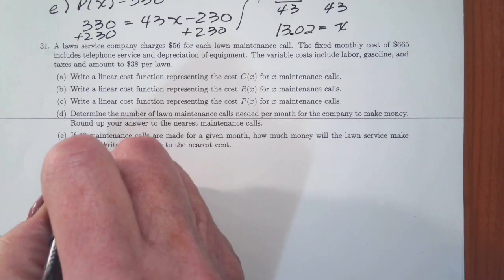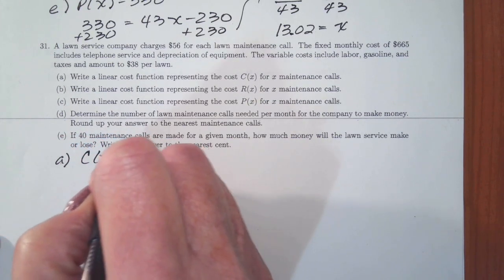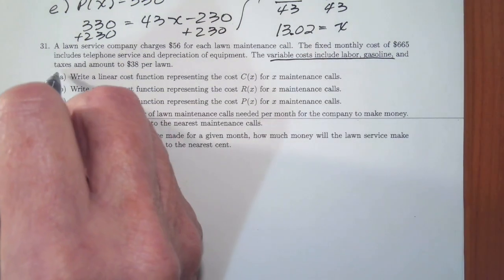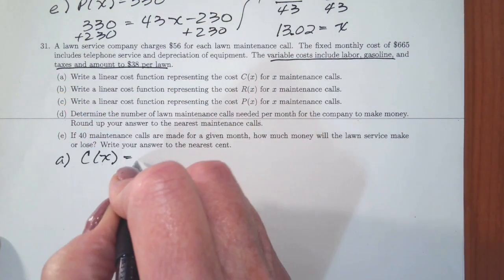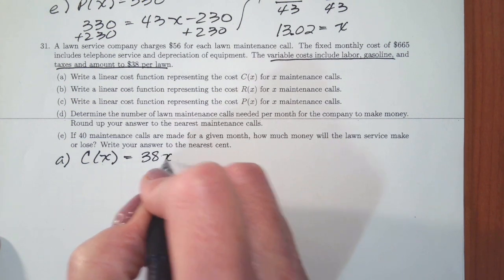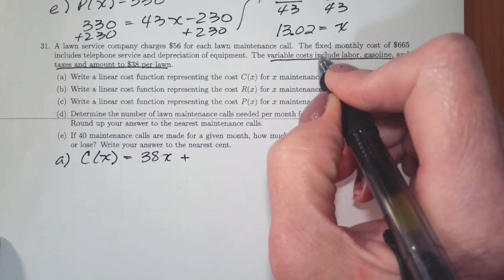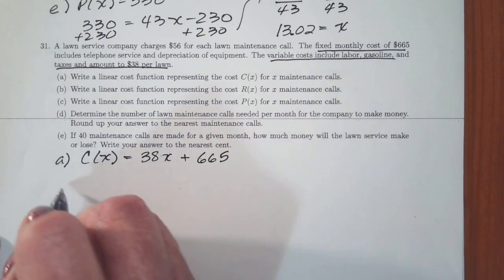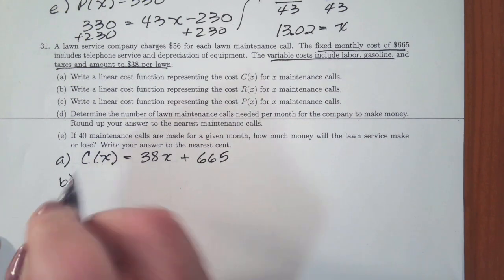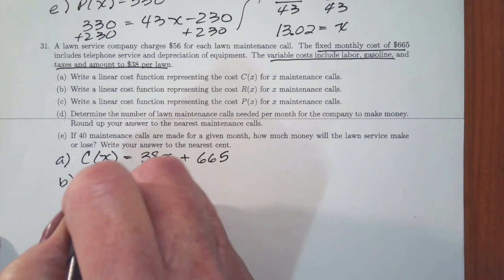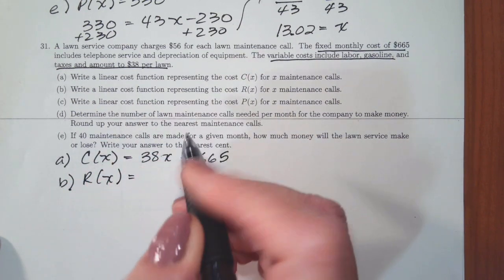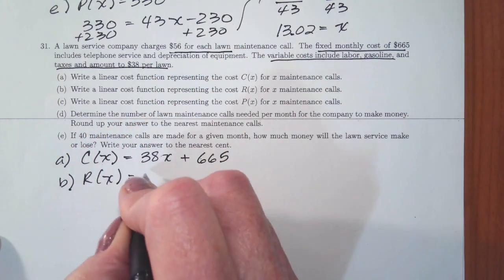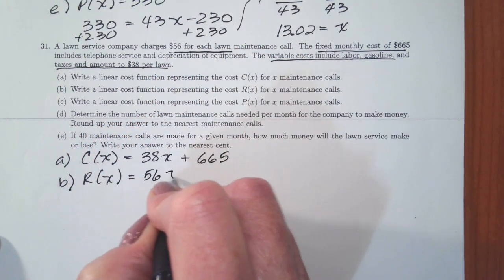So for part A, the cost, so we've got the variable cost of 38 per lawn, so that's 38x, plus the fixed cost of $665. The revenue is what they charge, 56 for each lawn. So that's going to be 56x.